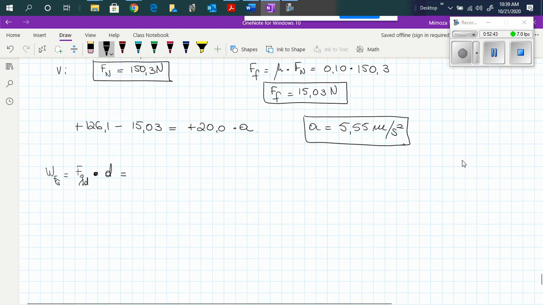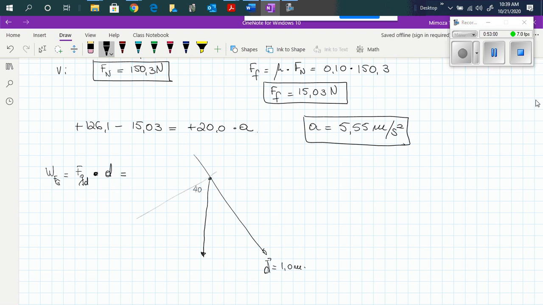So now let's see this. The displacement is on this direction, 1 meter. Force of gravity is on this direction, creating a 40-degree angle with the rotated vertical axis. So the component of the force along the displacement is this one here.